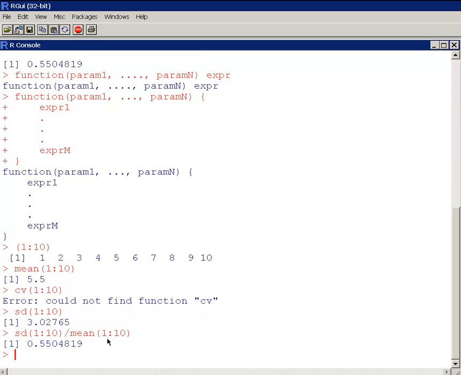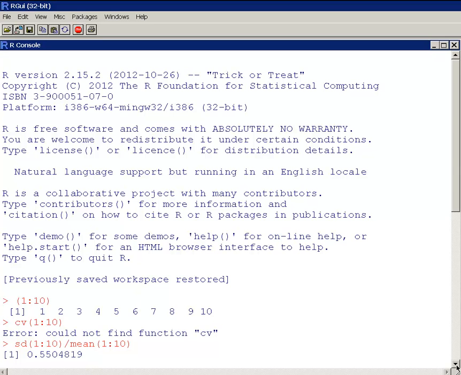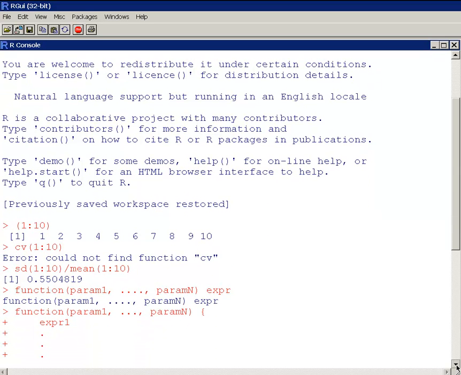Whether this has any meaning to you or not, this is a calculation we might want to do often, in which case we can create a function that will do this calculation always for us instead of having to type it out like this. The way that we do it is I use this syntax here. I write function, and then the parameters, and then how to calculate.